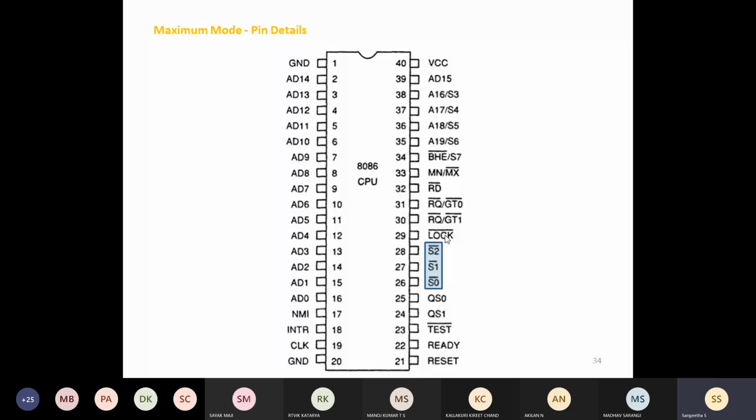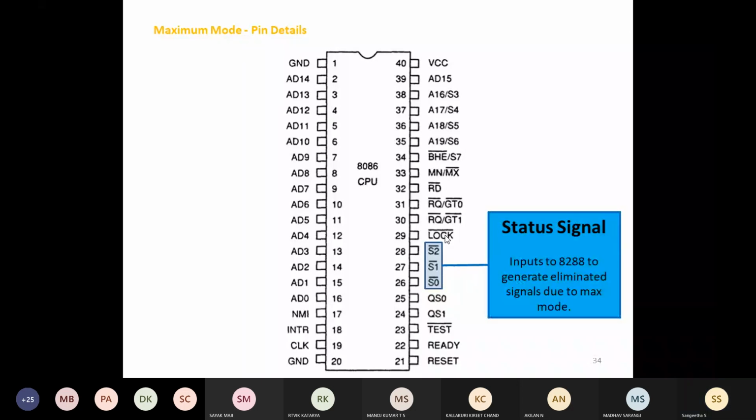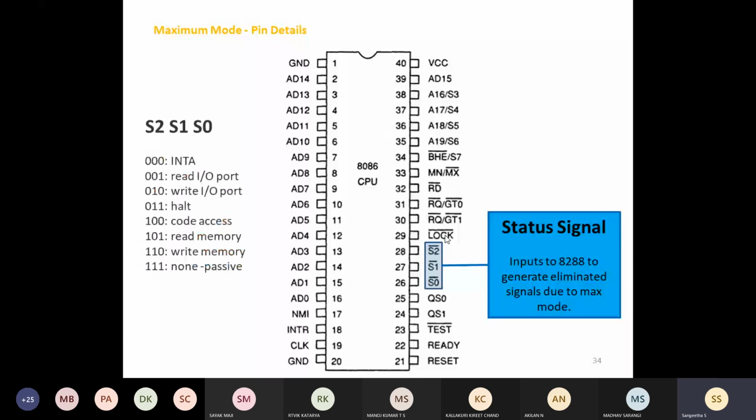During bus cycles, since it is 3-bit, with S0 to S2 you have 8 possible combinations of status lines.